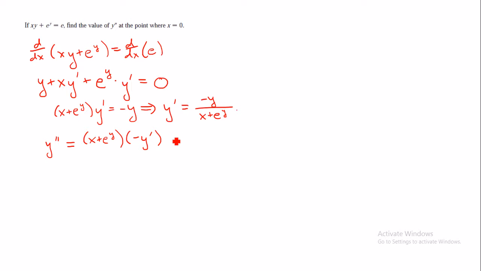So low d high minus high, negative y, d low, so derivative of the low, derivative of x is 1, plus e to the y, y prime, all over low squared, x plus e to the y, quantity squared.